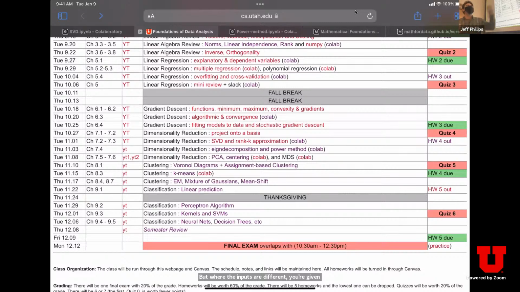And again, what powers it is going to be the results of the singular value decomposition. So again, a common theme is that the singular value decomposition of a data set, used in the right way, can be a core element of lots and lots of different algorithms. And we'll see a couple of them.